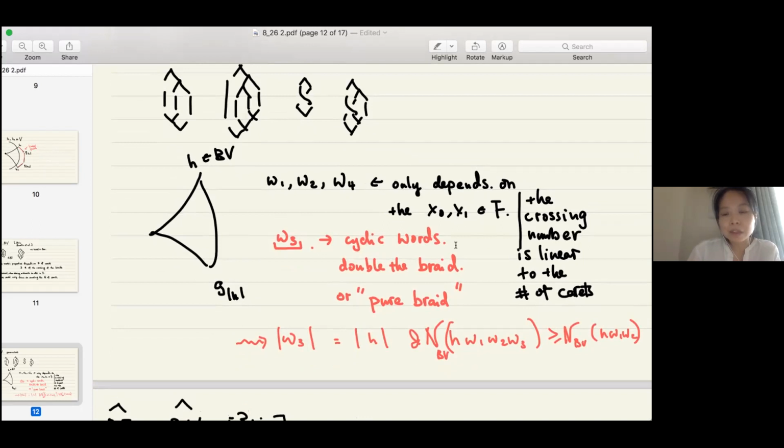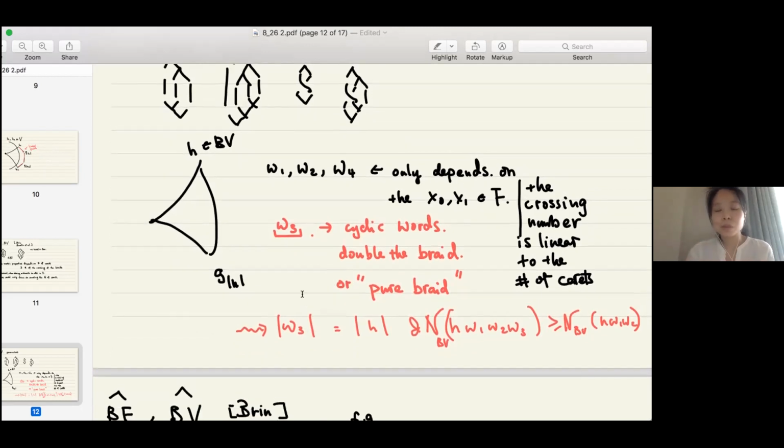Instead of the cyclic words, we are going to double the braid, or make the braid a pure braid, because we don't want to have something called a quasi element, where you're not changing the number of carets, but your braid crossing numbers are going to be very, very large.